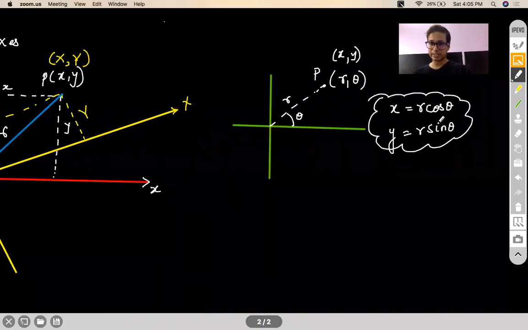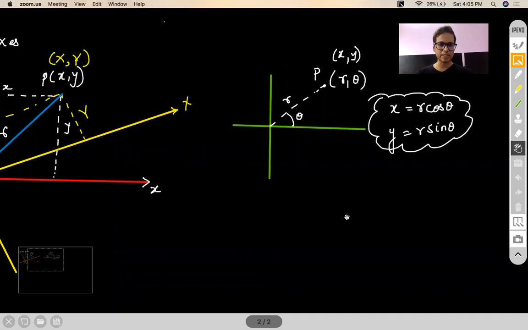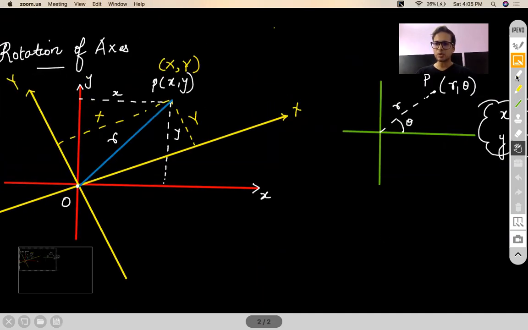Let us use this information to get the new coordinates of the given point. Now let's say my coordinate axes are rotated by an angle of phi.